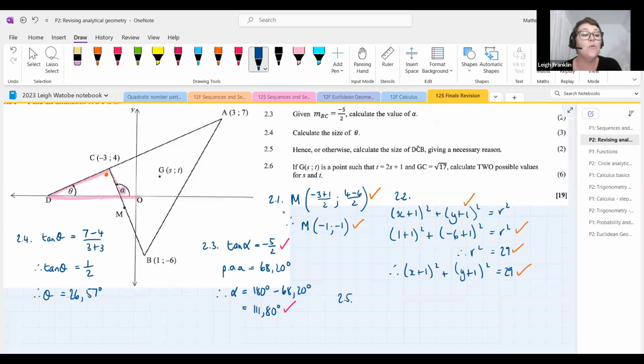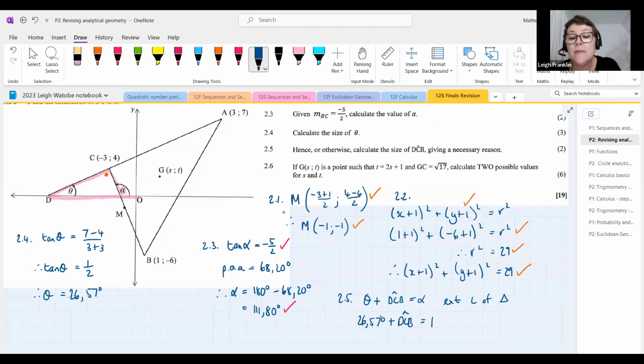All right. So what I would say here is that theta plus DCB is equal to alpha because of the exterior angle of a triangle. And that means that theta was 26.57 plus DCB is equal to alpha.